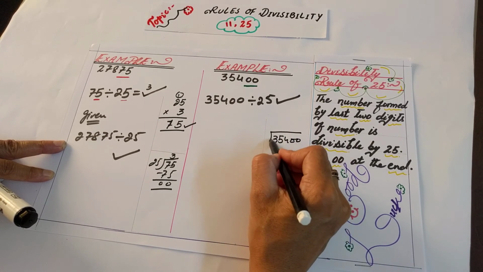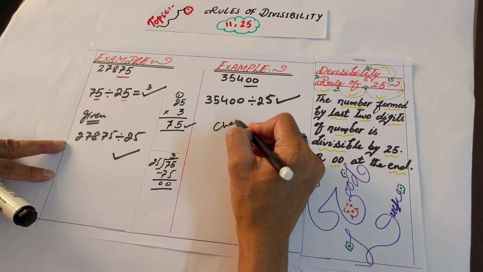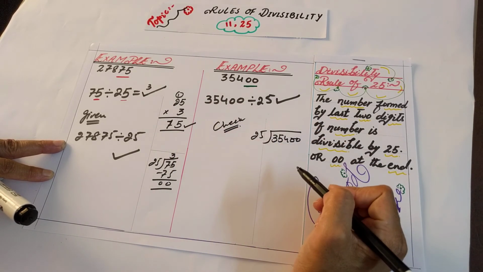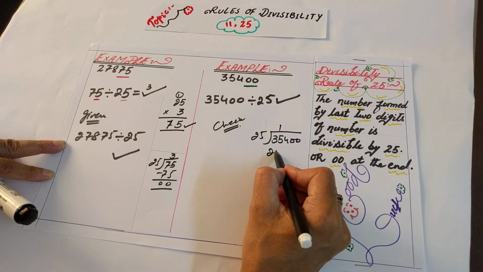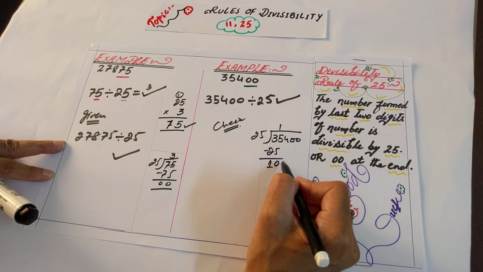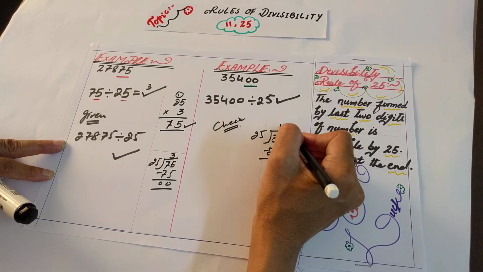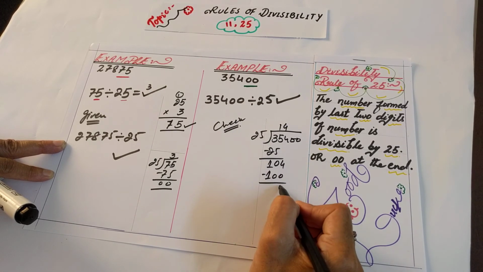This one is not part of your answer, this is just checking. 25 ones are 25. 5 minus 5 is 0. 3 minus 2 is 1. Bring down the 4. 104. 25 fours are 100. 4.